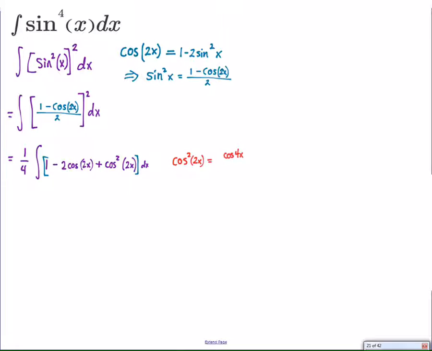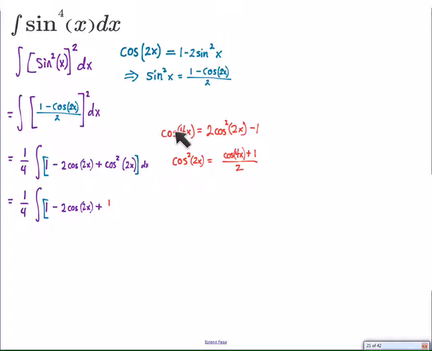Well, the cosine squared of 2x is equal to cosine of 4x plus 1 over 2. This is a modification of the same identity that I used. Let's see, I'll show you. Cosine of 4x is equal to 2 cosine squared of 2x minus 1.